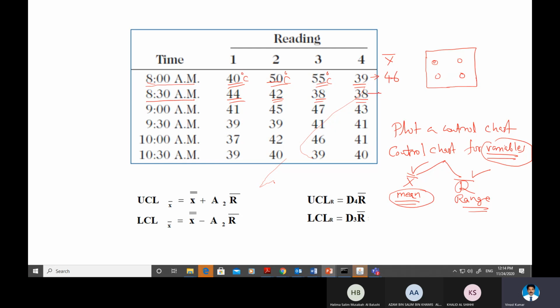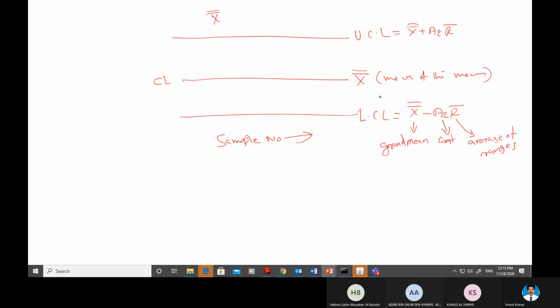And here, 44 plus 42 plus 38 plus 38 divided by 4. Here we are calculating the mean, remember, mean or average. How much? 40.5. So 40.5 here. Okay.